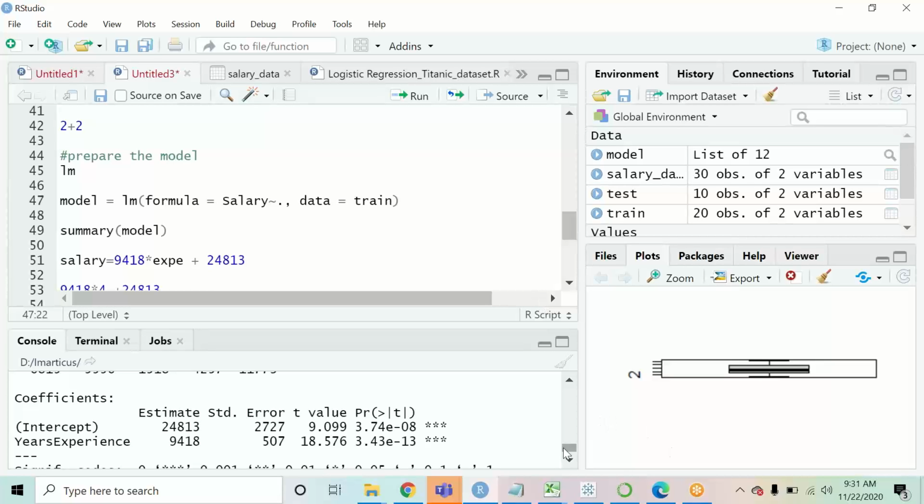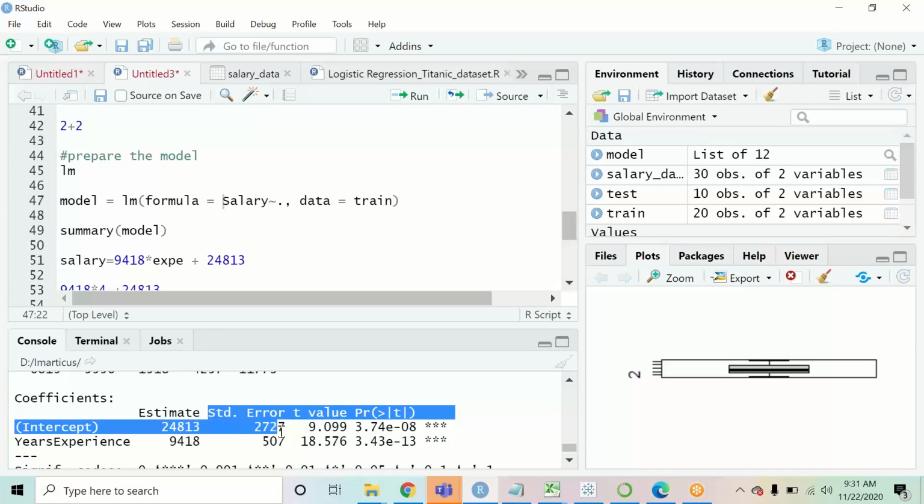So Sahil, what is standard error? So there were two things that we studied. One was standard deviation and one was standard error.